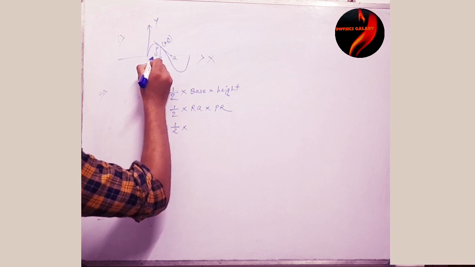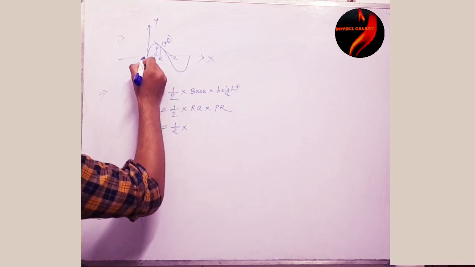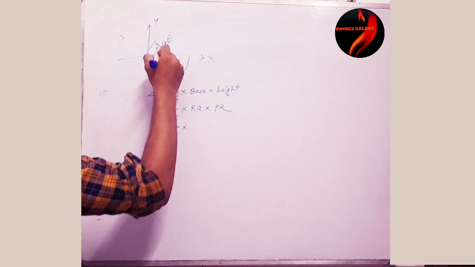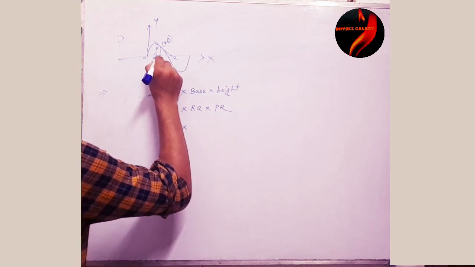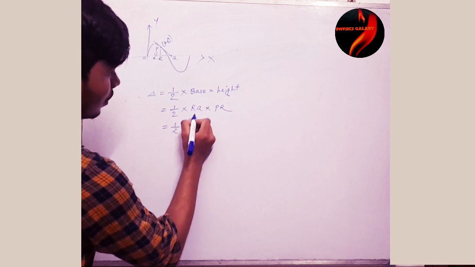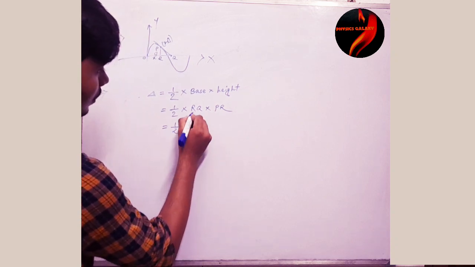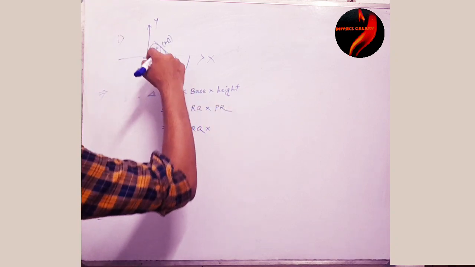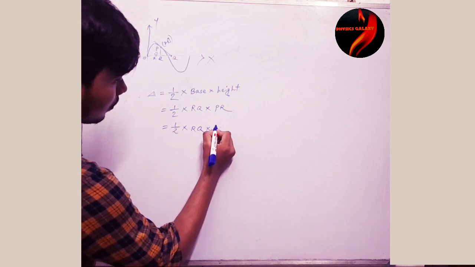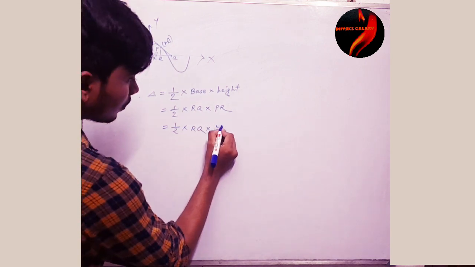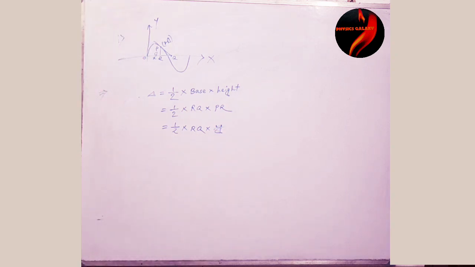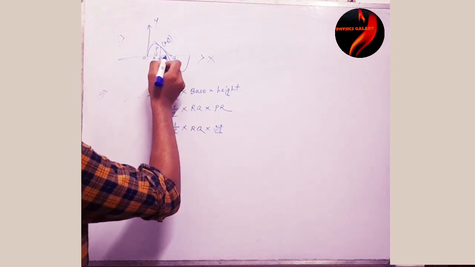OR should be x and PR should be y. And so from this diagram we know that this is RQ and PR should be y.